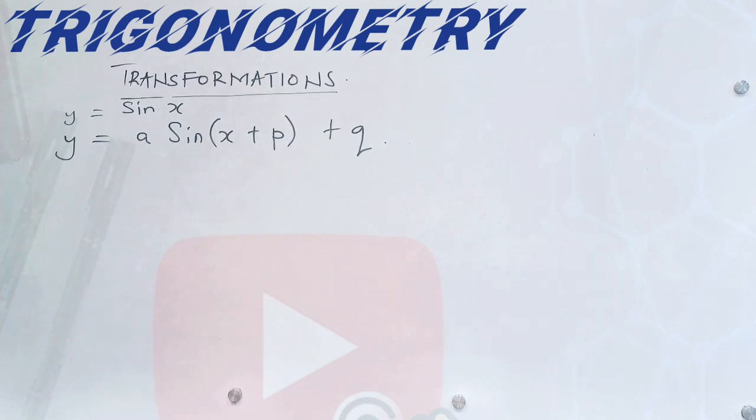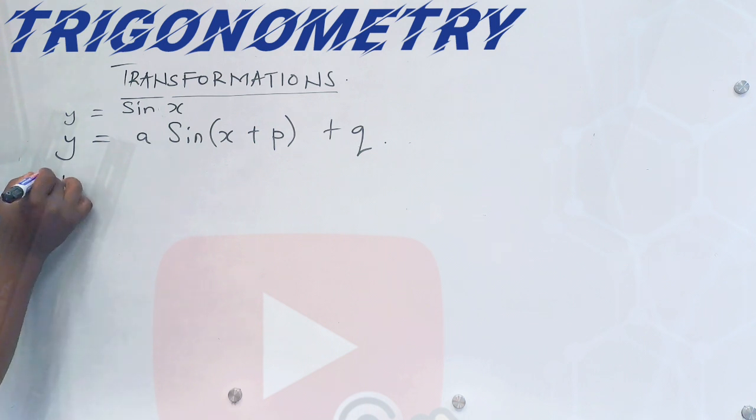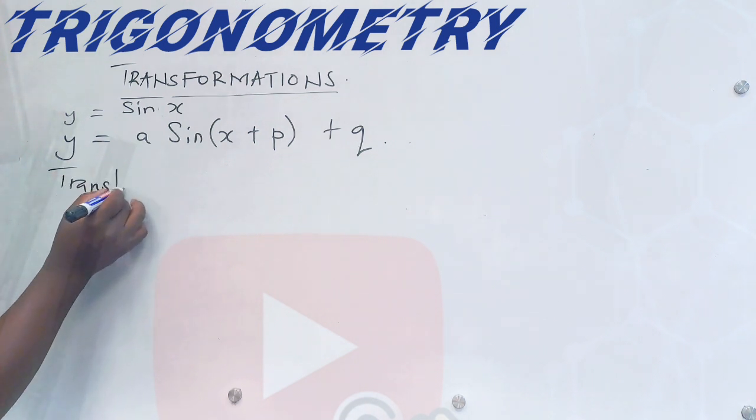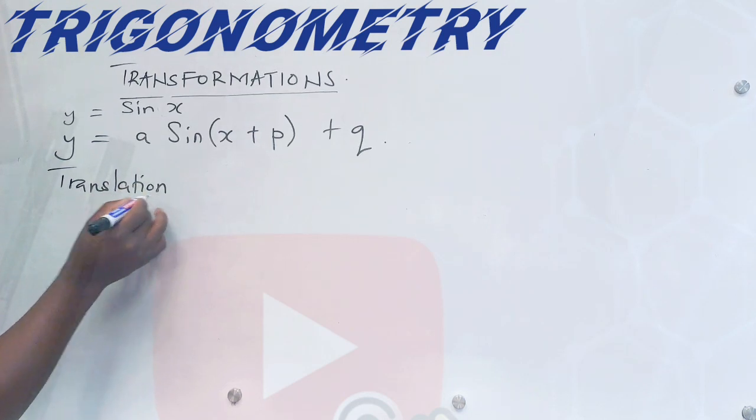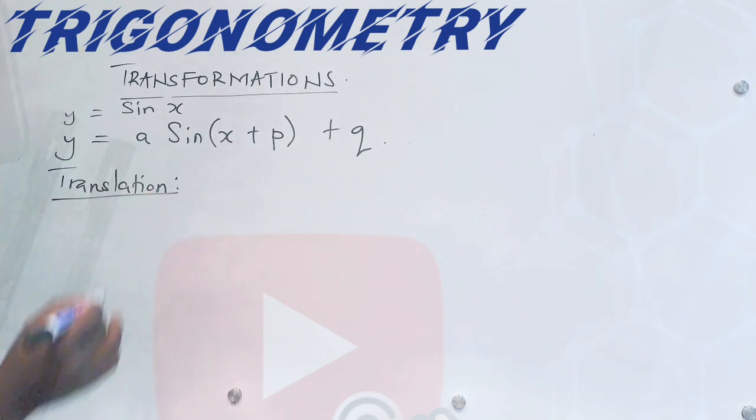So the transformations that we have is either we have translation, we have reflection, those two. That's what I want us to see. So let's start with translation. When you're saying you're translating a graph, it means we are taking it from one position to another without changing the shape of that graph.